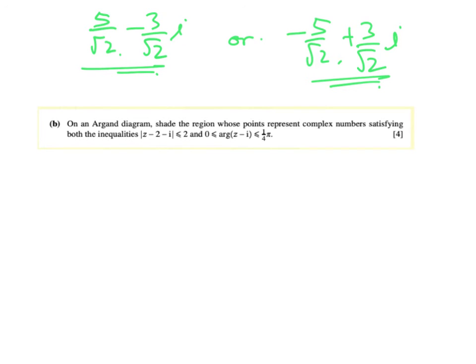On an Argand diagram, shade the region whose points represent complex numbers satisfying both the inequalities: modulus of z minus 2 minus i is less than 2. So immediately you should know that's a circle. And then 0 less than arg of z minus i less than quarter pi, and that's a half line.